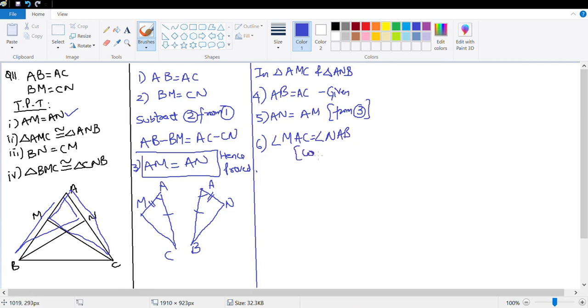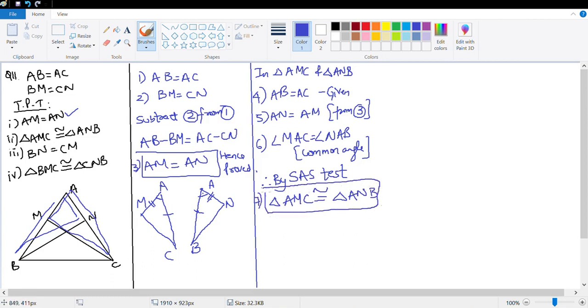Why? Common angle. Therefore, by side, angle, side, the angle is between the two equal sides. So by SAS test, triangle AMC is congruent to triangle ANB. This is my number 7. This is the next thing that they wanted me to prove. I have done that as well.